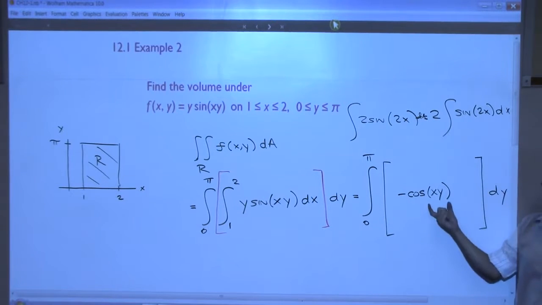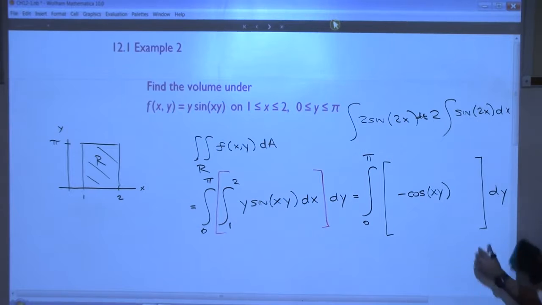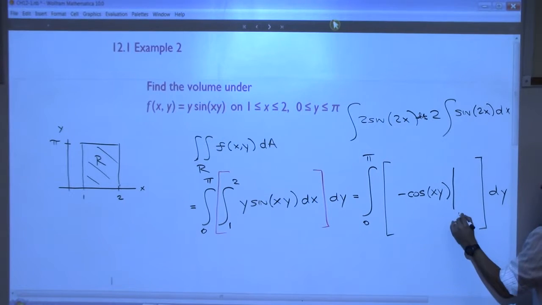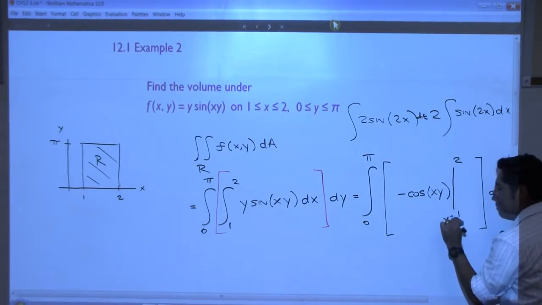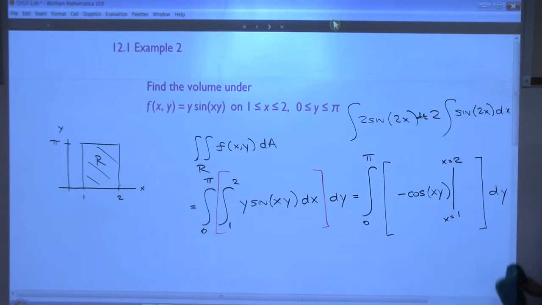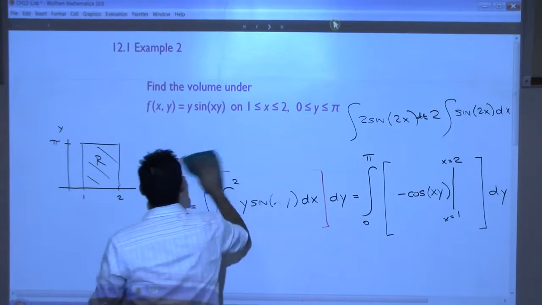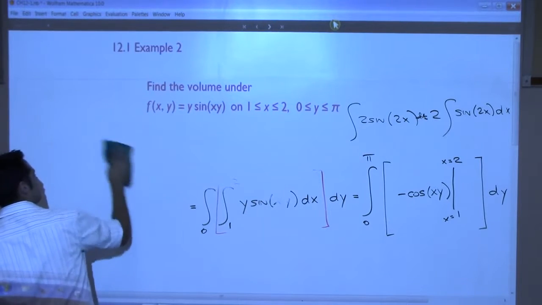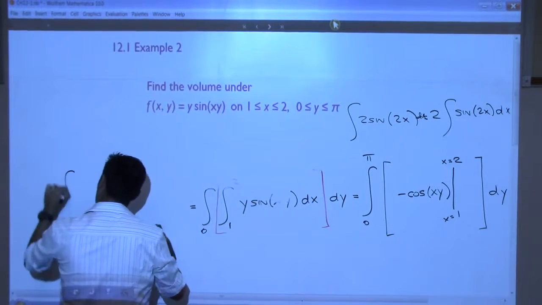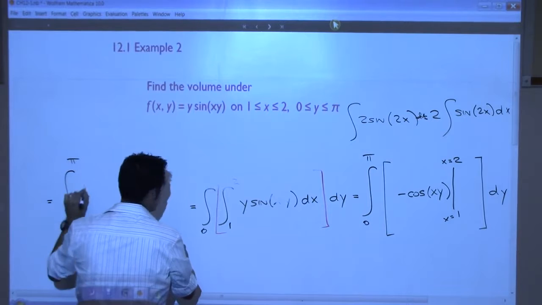So this is it right here. And then what? 1 and 2, right? That's it, like that. And x, right? This time we're going in x. All right, let's proceed. Continuing there, this is going to turn into the integral from 0 to pi.